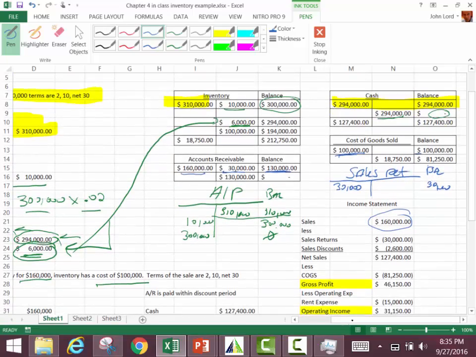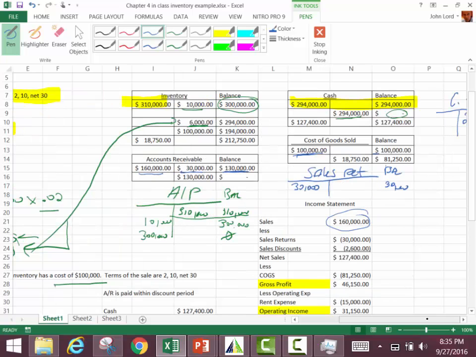I didn't tee up sales? Okay. Well, we know that there was just the one sale for 160,000, right? So I'll put sales here, and I credit it for 160,000. Now I've teed it up.